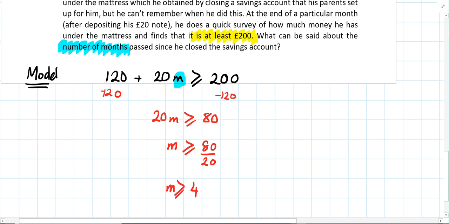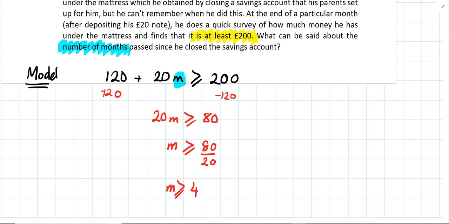Now do you notice how when we get a real life applied situation, we should still get into a habit of checking, but it kind of makes sense, doesn't it? Because the amount of money under the bed is going to get bigger. Therefore, it doesn't make sense that m is going to be less than 4. So we're happy in this case, if we think about what that actually represents, and that's something people don't do often enough.